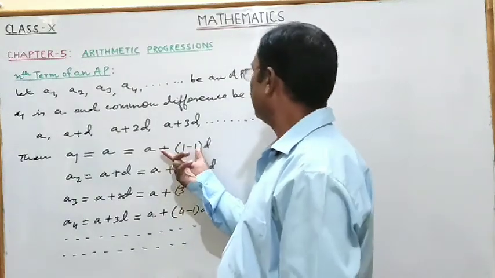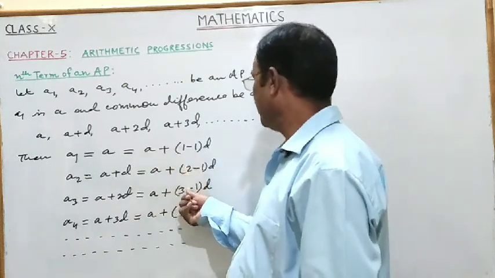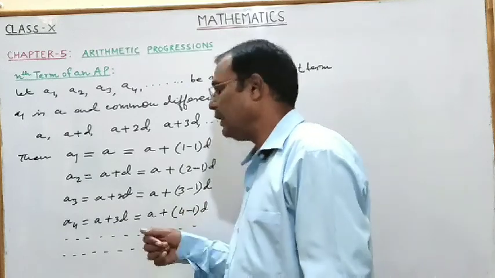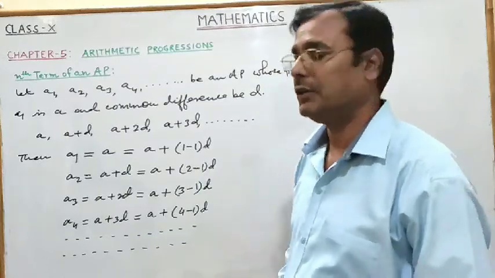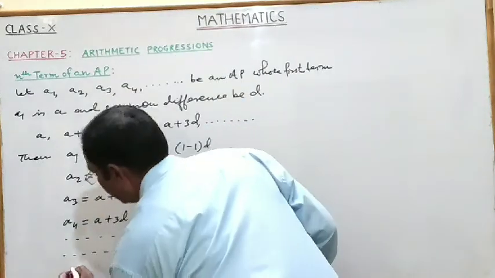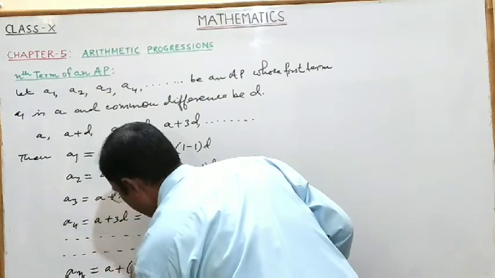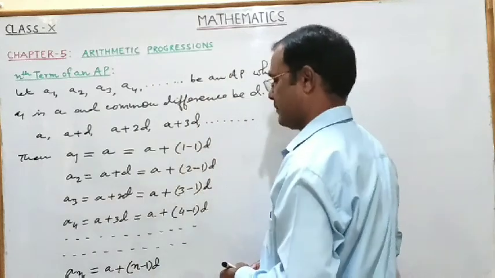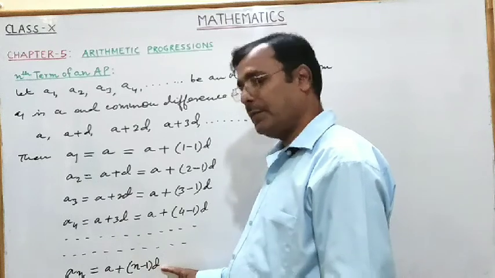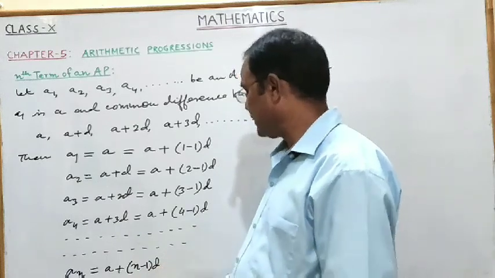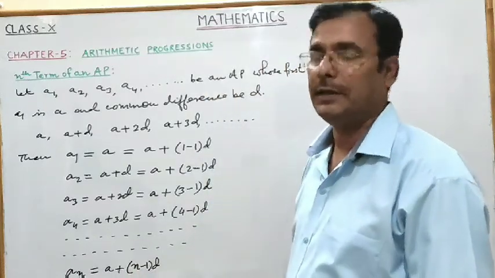Looking at this pattern of terms, first term, second term, third term, fourth term and so on, we can say that the nth term of the arithmetic progression is An equal to A plus n minus 1 into D, where A is first term, D is common difference of the arithmetic progression and this n denotes the position of the term in the AP.